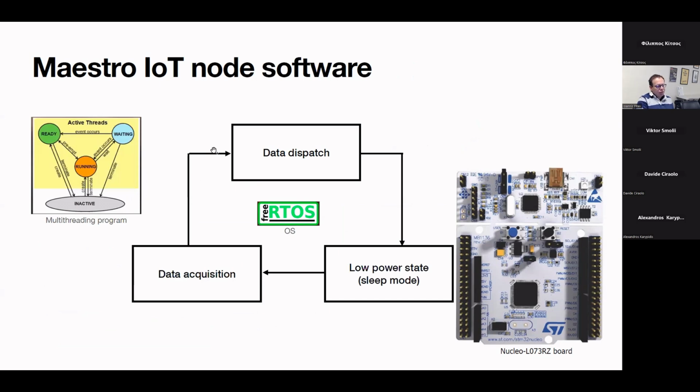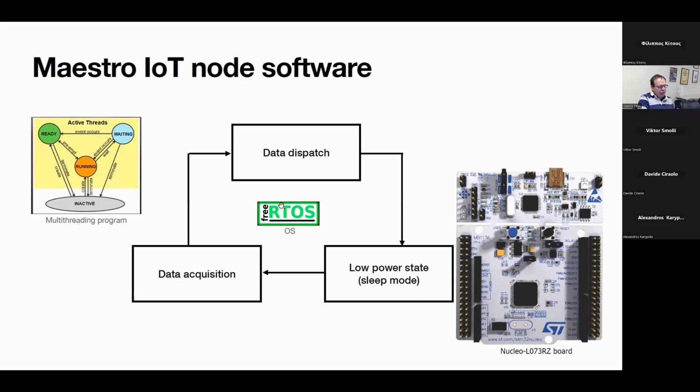Now I'm going to say a few words for the software, especially the software for the Nucleo board. We have implemented a multi-threading program, which means that we have multiple threads which are scheduled by the FreeRTOS operating system. It's a real-time operating system which allows scheduling the running threads.